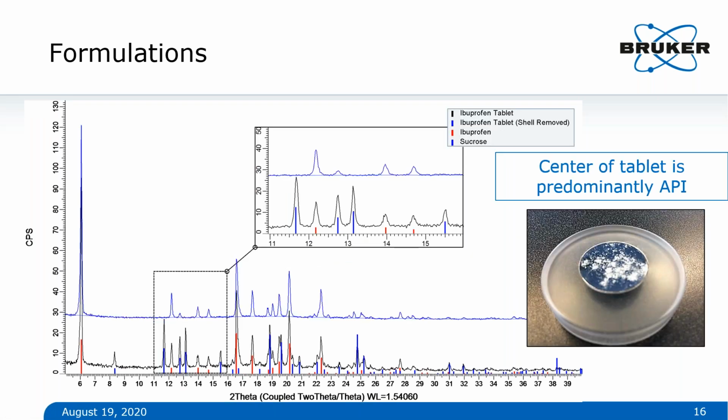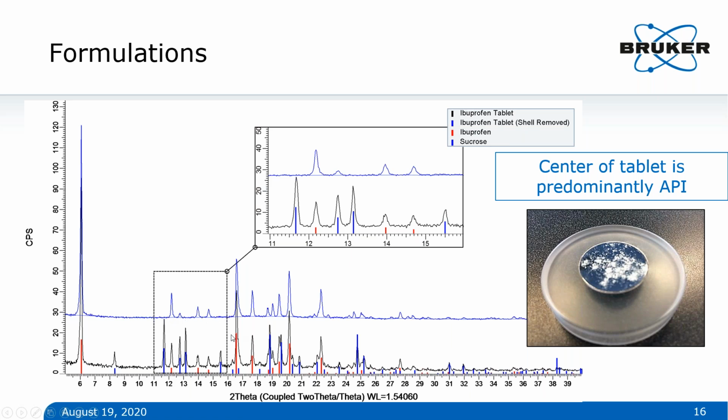Now, with a little bit of clever sample preparation, what we can do is either dissolve off the outside edge, or in this case, we took a razor blade and we shaved off the outside part of the shell, and then we ran just the inside of the tablet. And we see that that's the blue pattern here. And the blue pattern seems to match very, very nicely to ibuprofen. So there's a peak there. These sugar peaks here are gone.